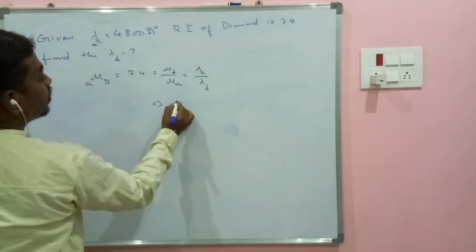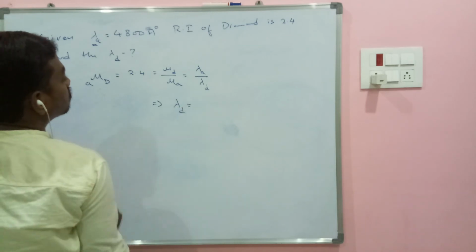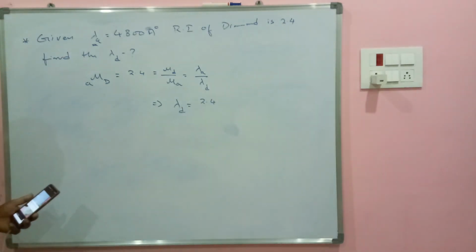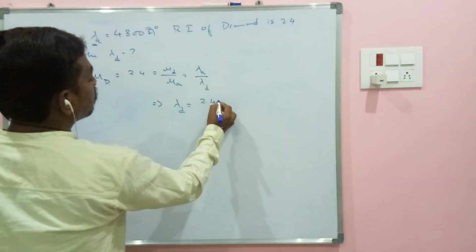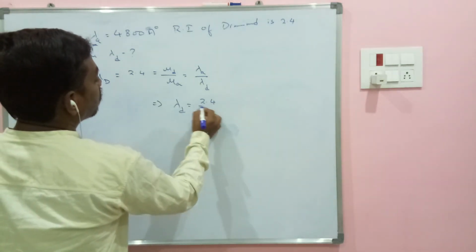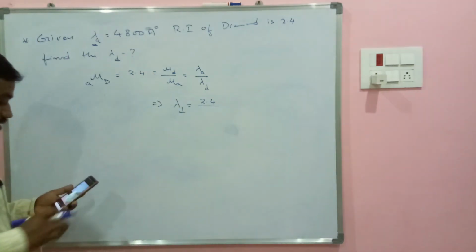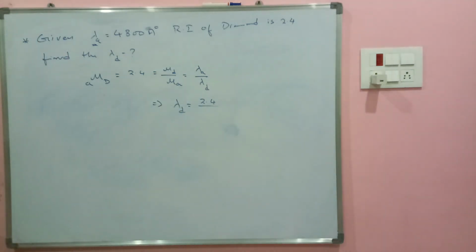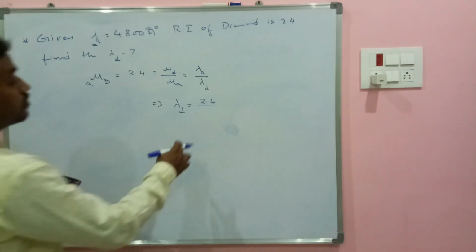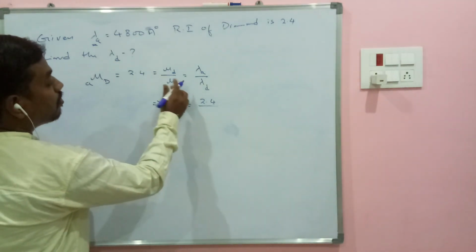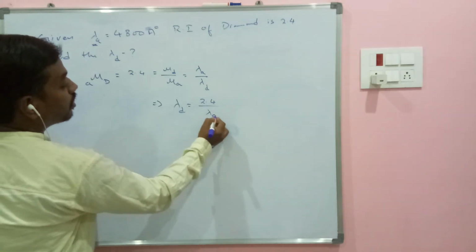So from this I'll be getting lambda d is equal to lambda air divided by 2.4.